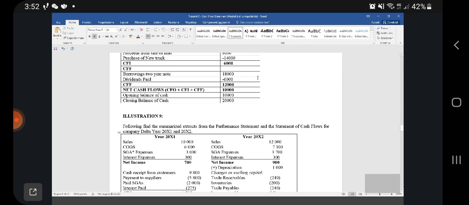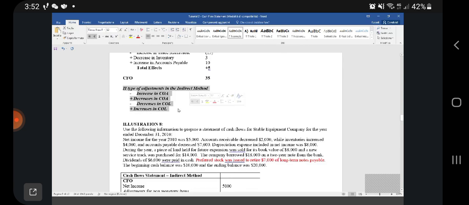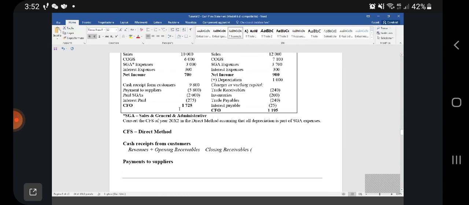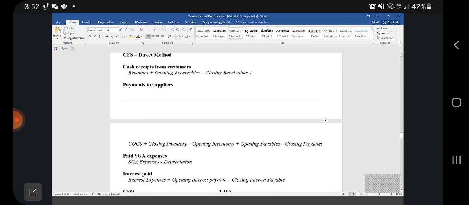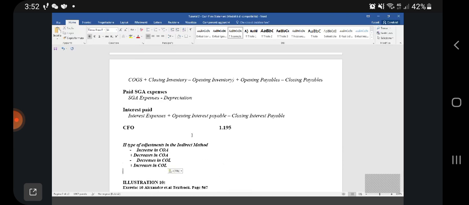We have to pay 12,000 minus 240. Why minus 240? Because 240 is the change in trade receivable between the opening balance and the end balance.